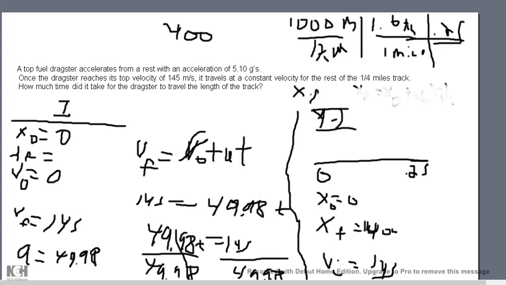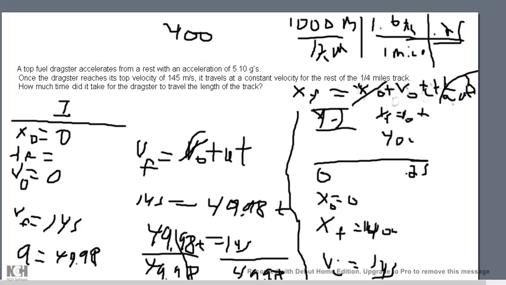xf equals x naught plus V naught t plus 1/2 a t squared, right? Since the acceleration is 0 and x naught is 0, we're just left with xf equals V naught t. xf was 400 equals 145 t.